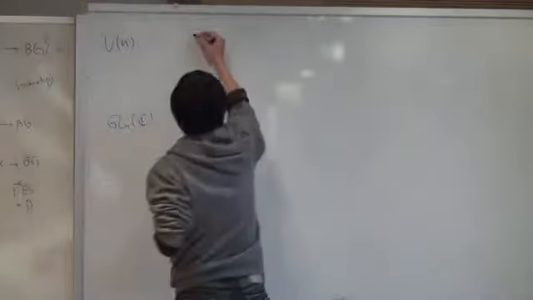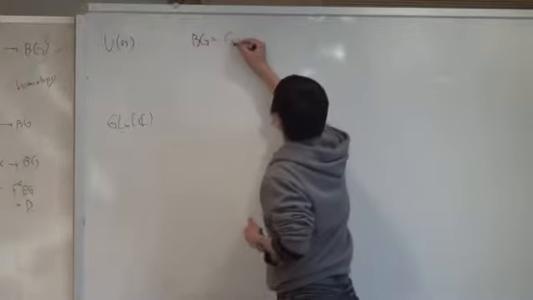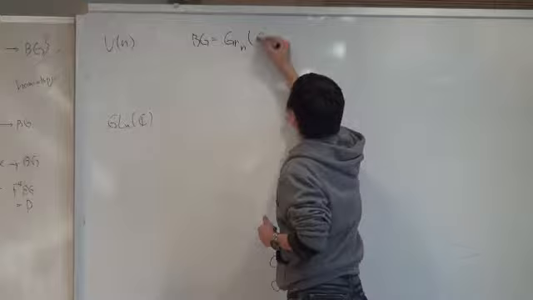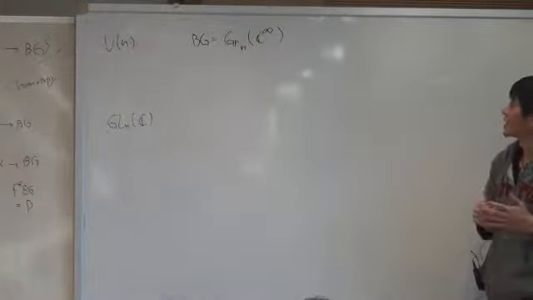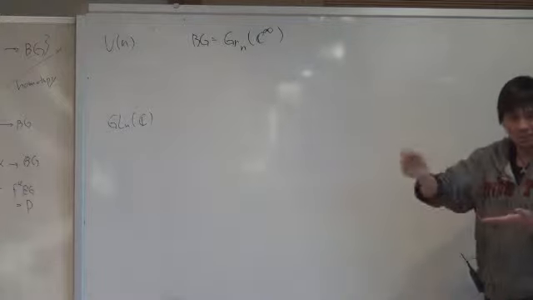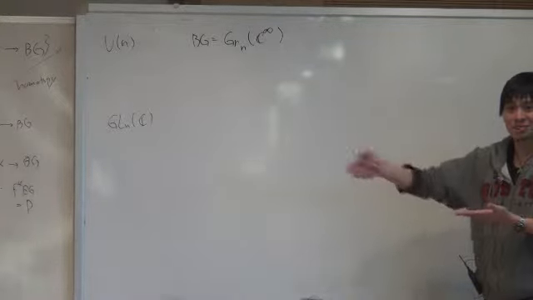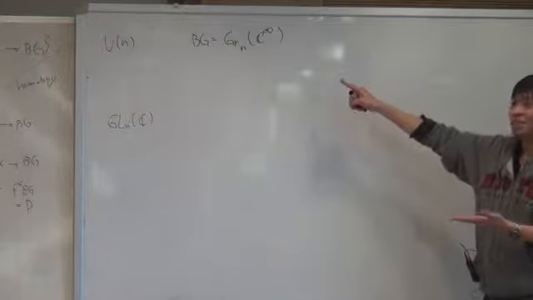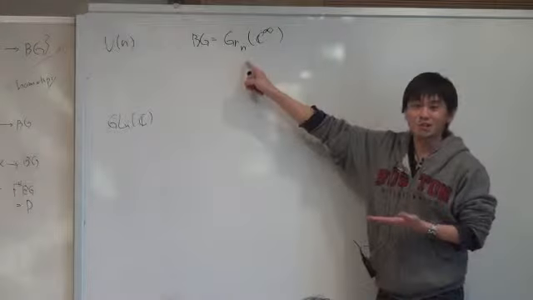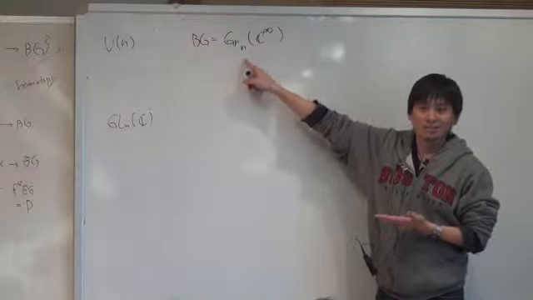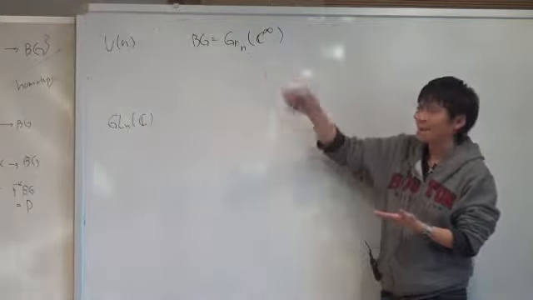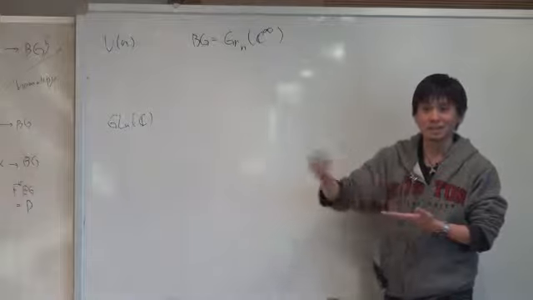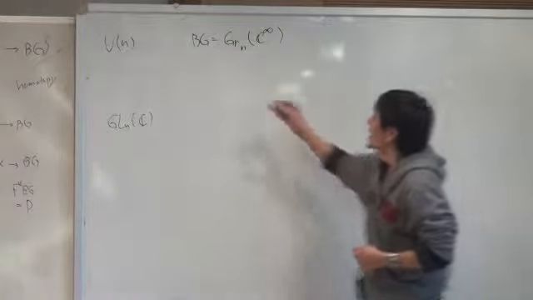So for the unitary group, BG is called the infinite Grassmannian of n-dimensional subspaces. Here C infinity is the infinite dimensional complex plane, and this is the space of all n-dimensional subspaces. You can think of this as an approximation by finite Grassmannians of n-planes.